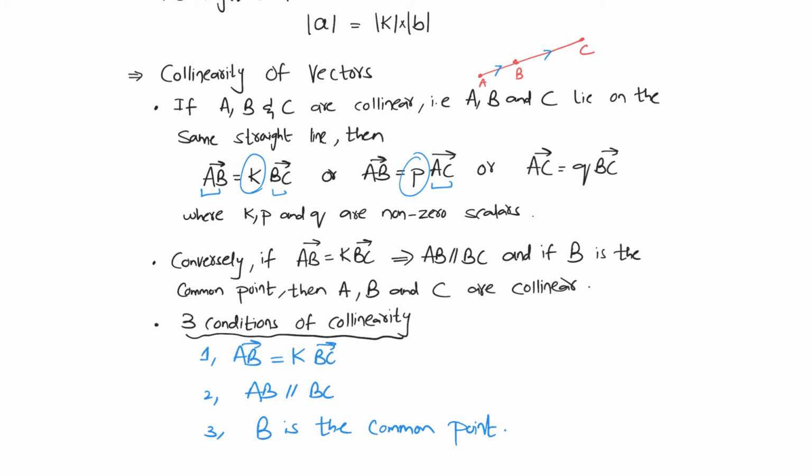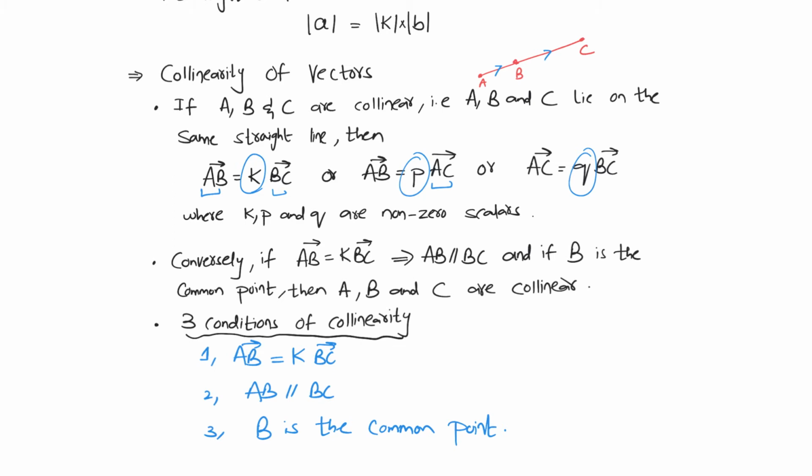AB could be 1/4 of AC, AB could be half of BC. I'm just making these numbers up, but you get the idea, right? Vector AC is, let's say, 3/2 times vector BC. So K, P and Q over here are just these non-zero scalar multiples.